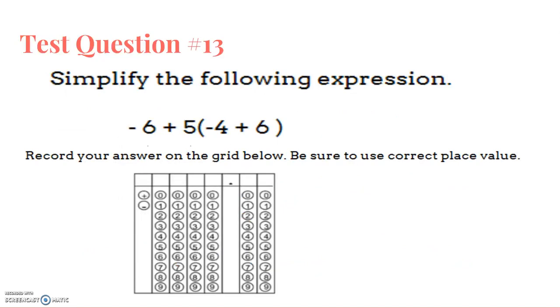Alright, we have another order of operations problem, so always remember to use GEMDAS. We do our grouping symbols, then exponents, multiplication and division, and then addition and subtraction. This says simplify the following expressions: -6 plus 5 times -4 plus 6. Remember, a number next to the parentheses is multiplication.